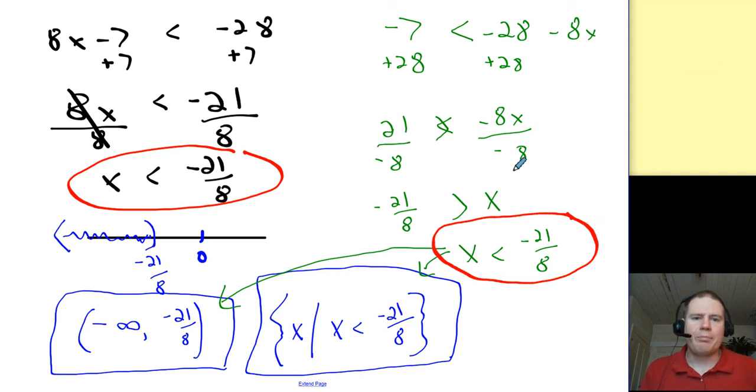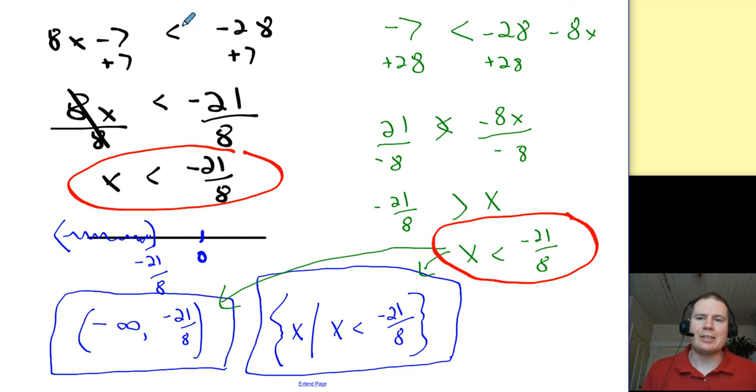A lot of people get tripped up by that reversing the signs business, so you could prioritize always getting your x term to be positive, whether that's on the left or the right. A lot of people get tripped up by reading the inequality backwards, starting on the right side if your x happens to be on the right side. So some people like to prioritize always getting x on the left, whether it's positive or negative, and then reversing the sign as needed.